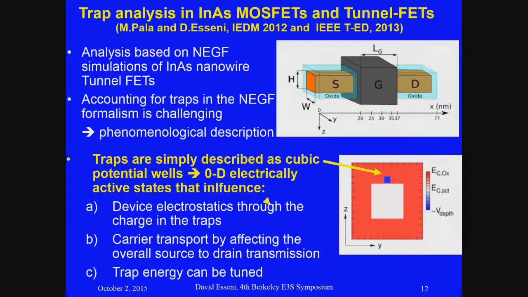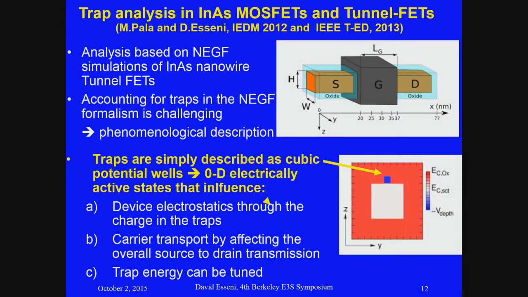We tried to address this question by using simulations, and in this case we used NEGF-based simulations. It was a few years ago. And as you see, this is the template device that we used, and it is essentially a nanowire, so a lateral device, a source, gate, and drain.